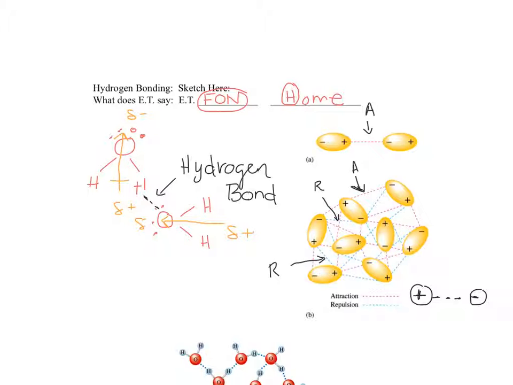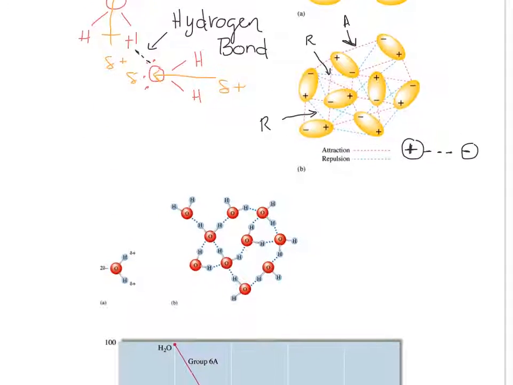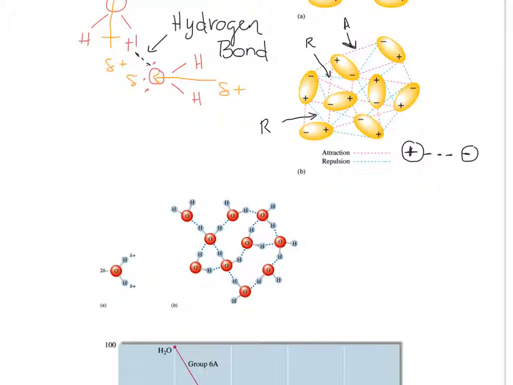So this shows you a dipole force in A here, and that's like representing the HCl that we just did. Down below here, I just drew water for you, but you can also see water. The H bonds are represented by the blue dots that you see.